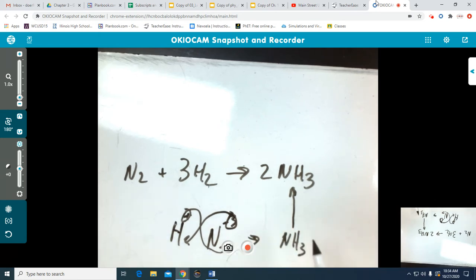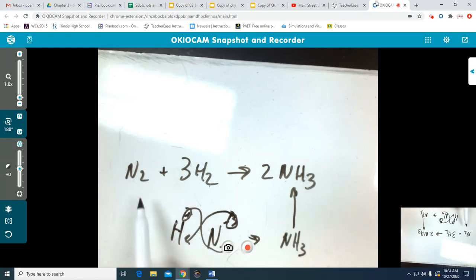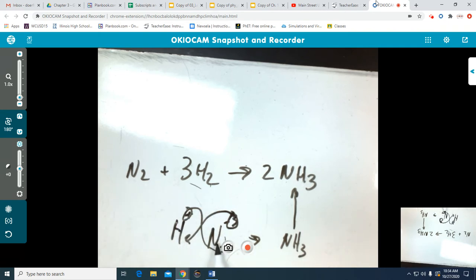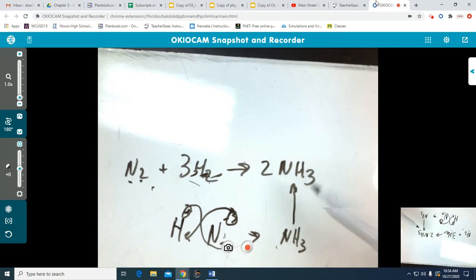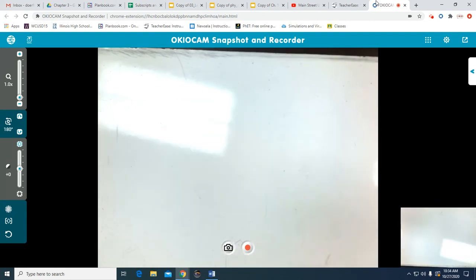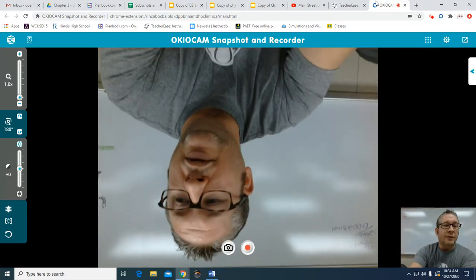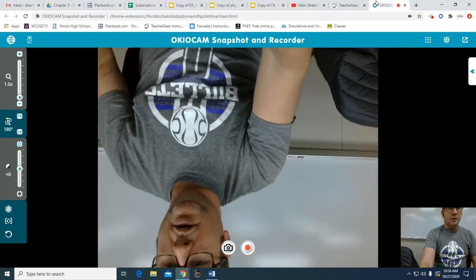They have to reform appropriately, much like we saw here. We're going to have the single hydrogens and the single nitrogens coming together to form NH3. So we're going to have these come together to form two NH3 molecules as our product here. It's very important you keep that in mind when you are creating these types of equations.